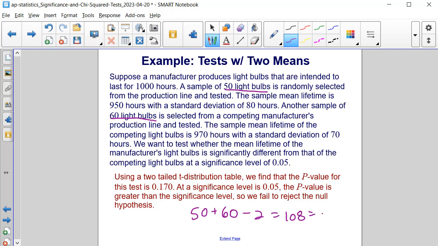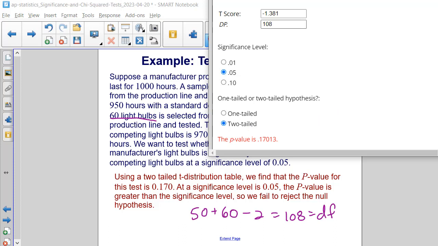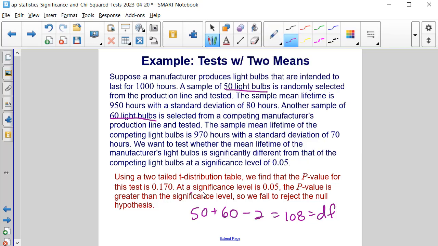That's our degrees of freedom. So we substitute that into the calculator, say the significance level of 5/100ths, two-tailed, and then press the calculate button, and it provides us with the p-value. The p-value is greater than the significance level, so we fail to reject the null hypothesis in this problem.